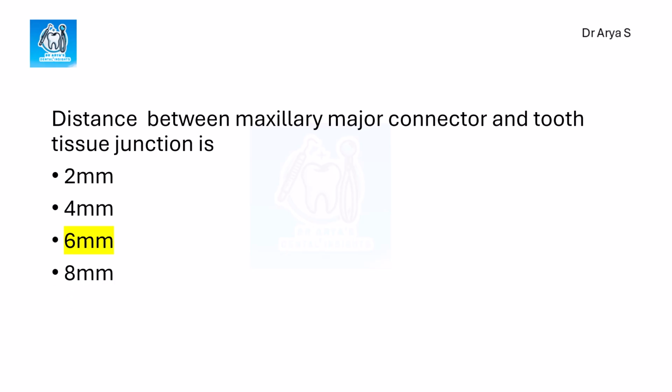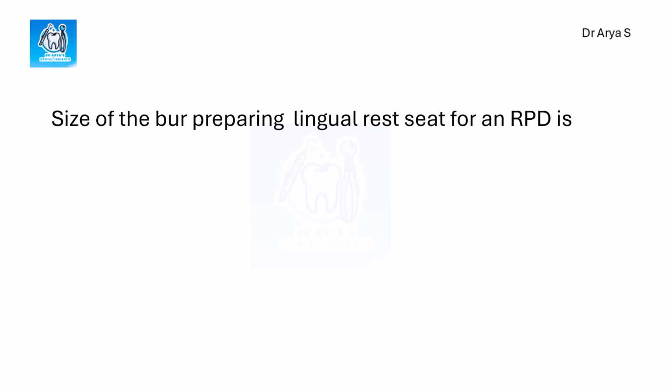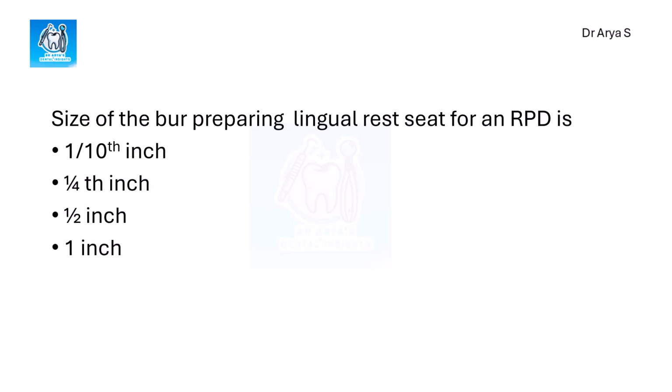It is 6 mm. Size of the burr preparing lingual rest seat for an RPD is 1/10 inch, 1/4 inch, 1/2 inch or 1 inch. Here the size of the burr preparing lingual rest seat for RPD is 1/4 inch.